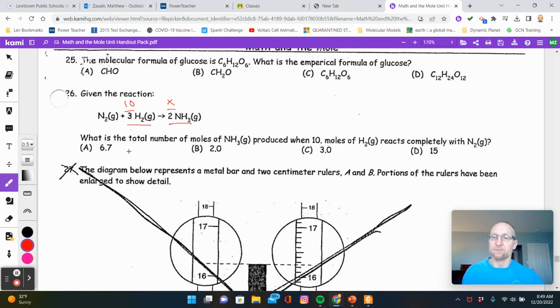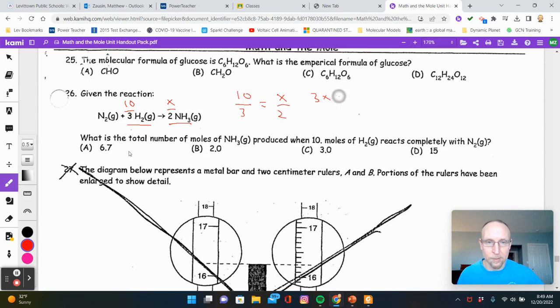That's like saying if I have a ton of bologna and a certain amount of slices of bread, how many sandwiches can I make, right? Once I run out of bread, I can't make any more sandwiches, no matter how much bologna I have. But here's how many slices of bread I have. How many sandwiches can I make? All right. So we pull the proportion out. 10 over 3 equals x over 2. We cross multiply.